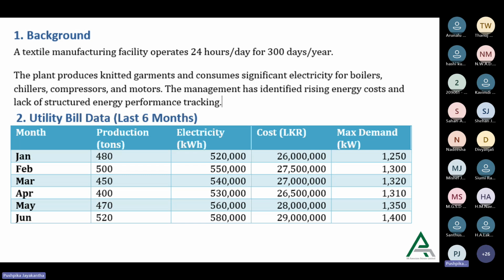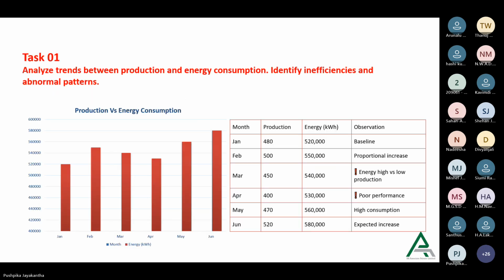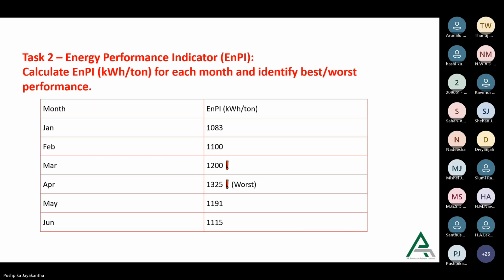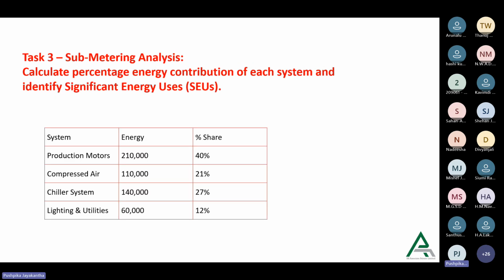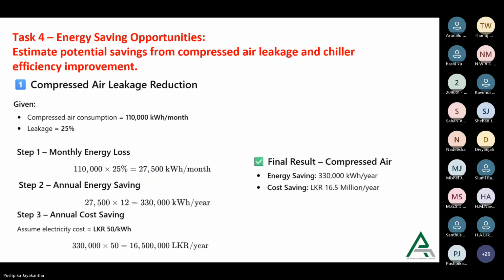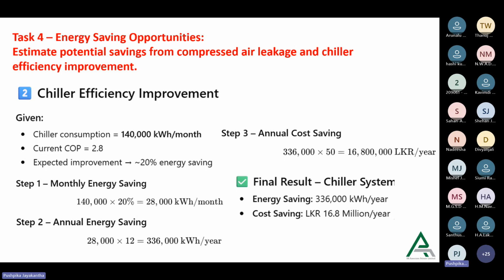Okay, so the electricity cost is 50. So then finally we can achieve 16.5 million with this compressed air leakage reduction.